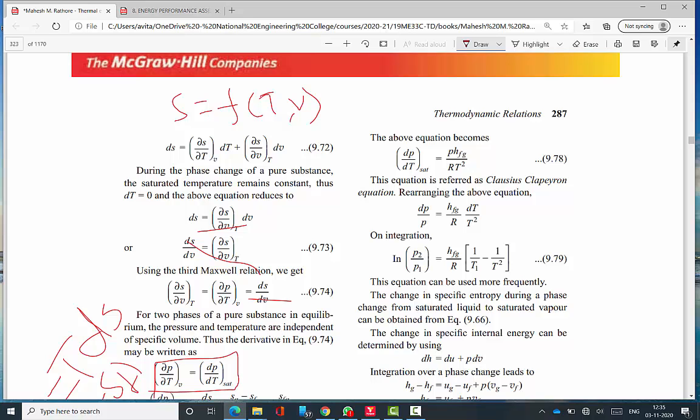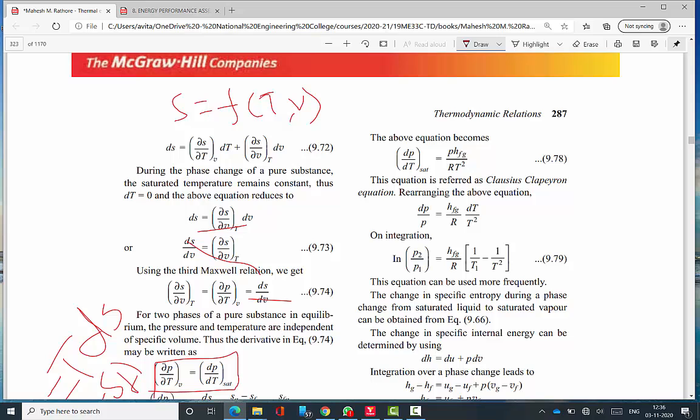The formula: integration of 1 by T square is minus 1 by T, with limits T1 to T2.